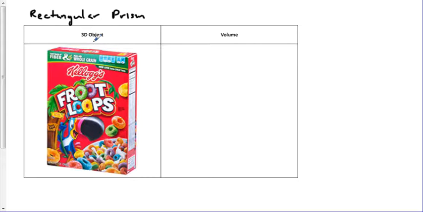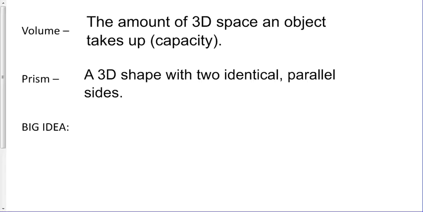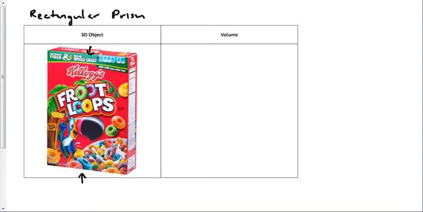You can see it's a prism because if you look at the top and the bottom, they are the exact same shape. They're both rectangles, identical in every way, and parallel to each other. If you extended them, they would never meet. So two parallel, identical sides.